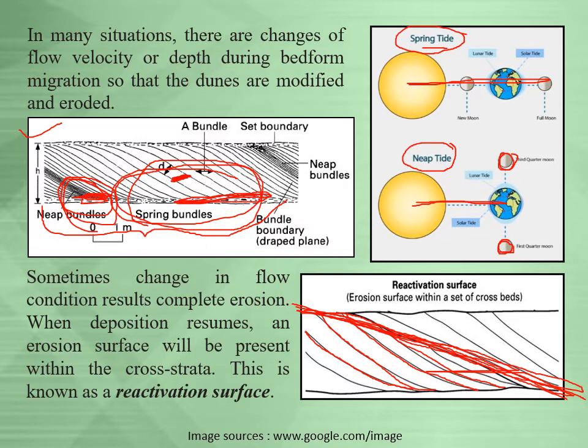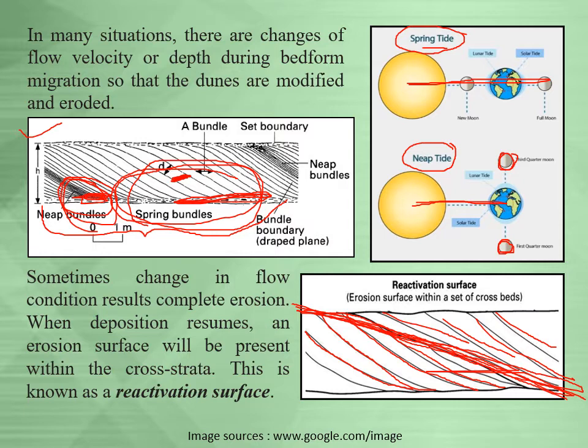But after a few hours or a few days, when that certain event is over, then again the previous condition exists, and again the cross laminations are forming like the previous way.